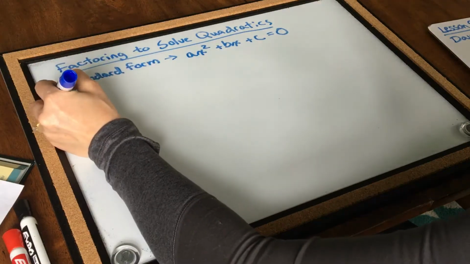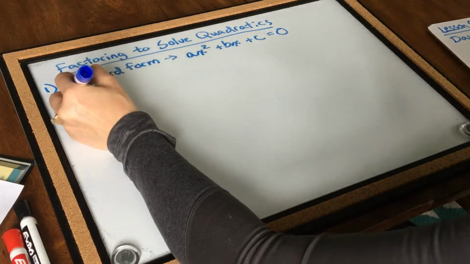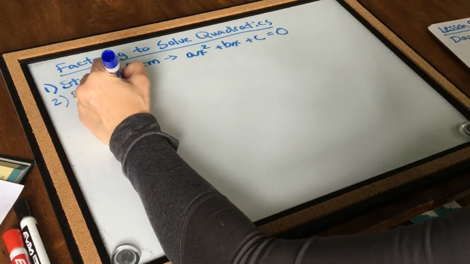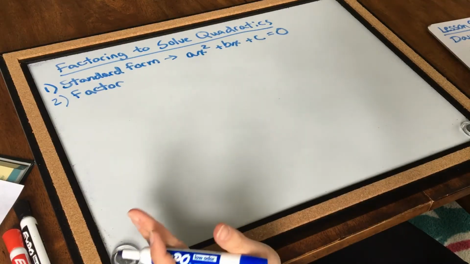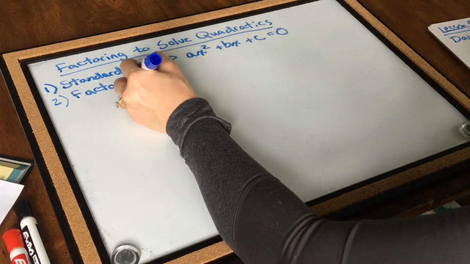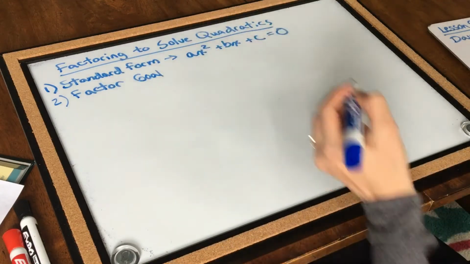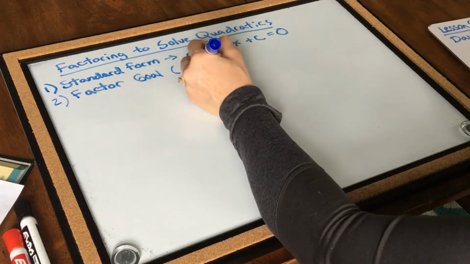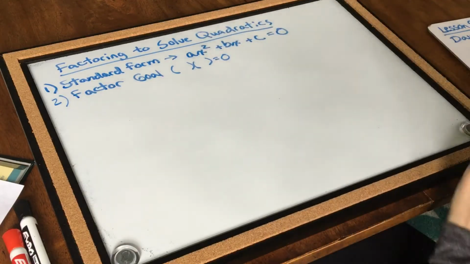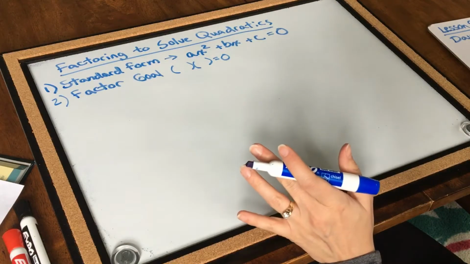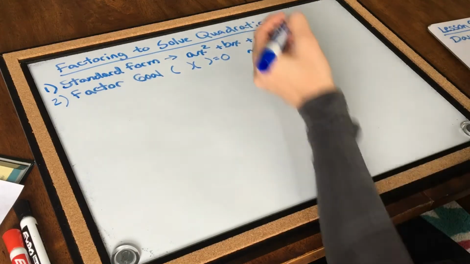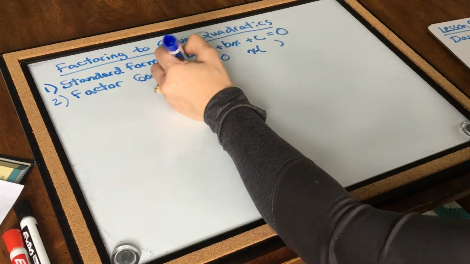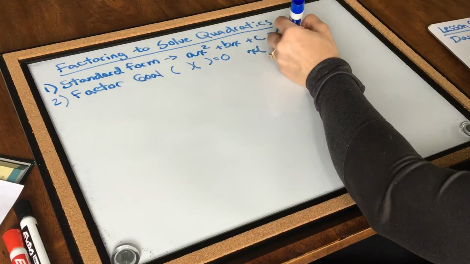Okay, the second thing is you're going to factor your quadratic. When you factor your quadratic, your goal is going to look like 2 parentheses equals 0, or sometimes we'll even have, for example, a variable times something in parentheses equals 0.